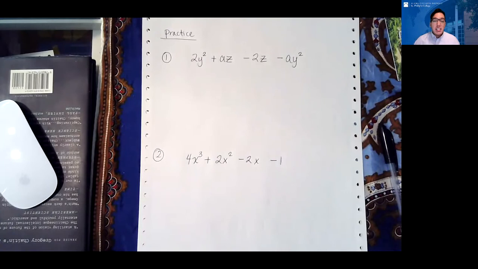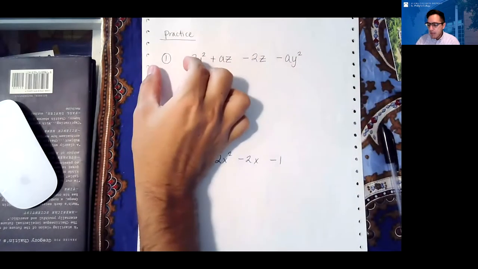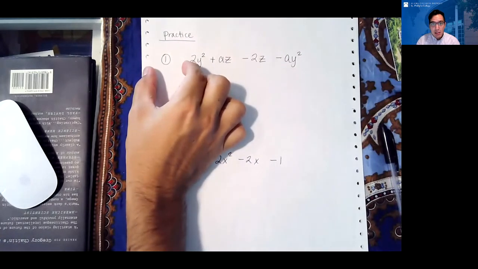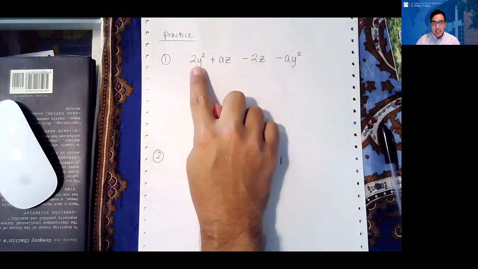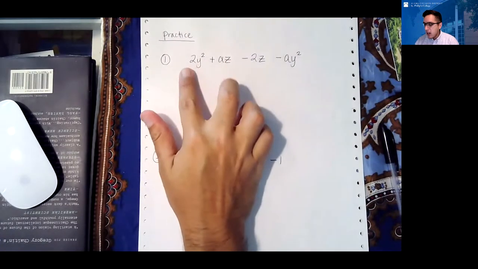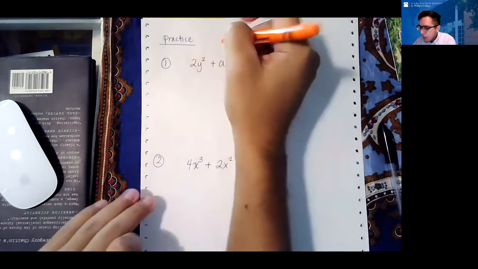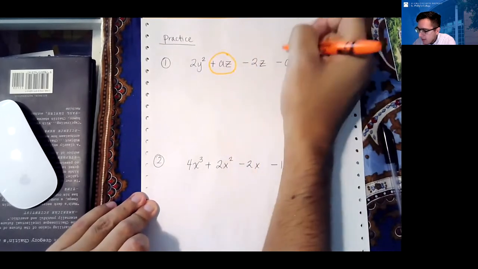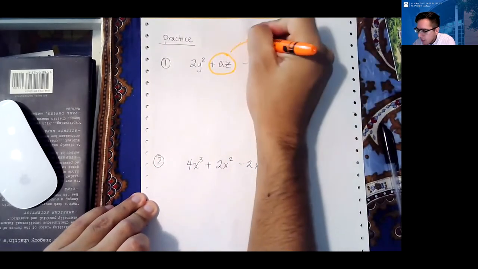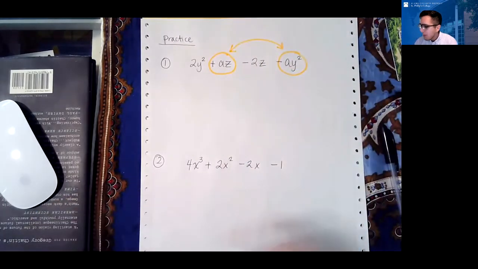You definitely can rearrange them. Again, by the commutative property, we can rearrange these into whatever order we see fit. Just be careful with the signs, right? If it's a negative and you move it to the front, then that should remain a negative. And this guy should remain a positive since it's a positive. But my tip here is that if you don't automatically see them where the first two terms have something in common, I would switch the second and the fourth term. For some reason, in my experience, this seems to work out tremendously.